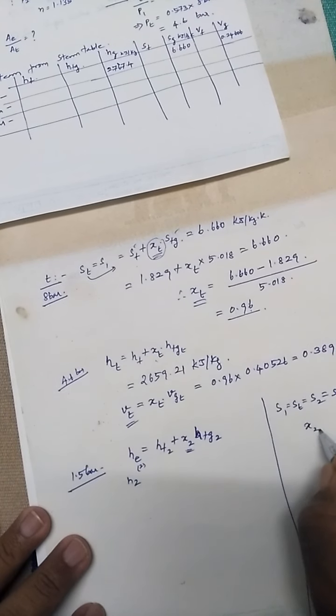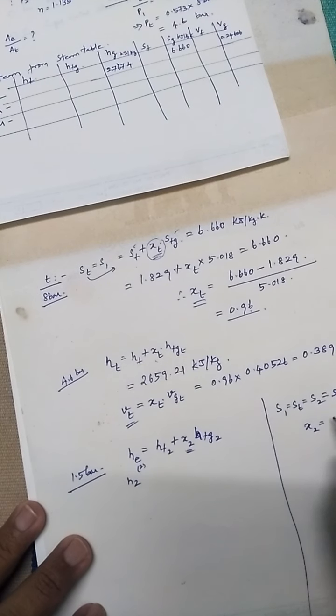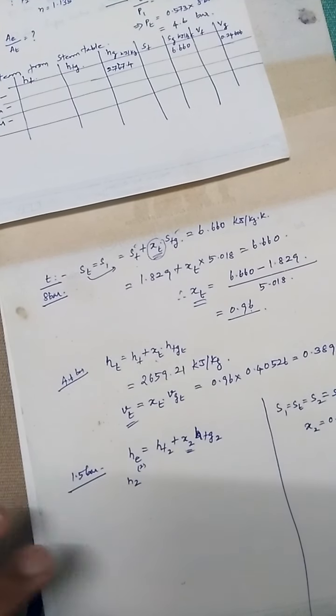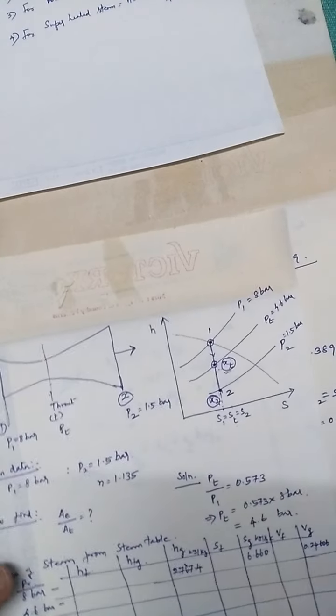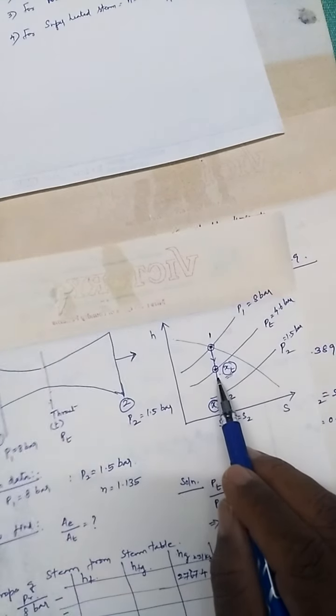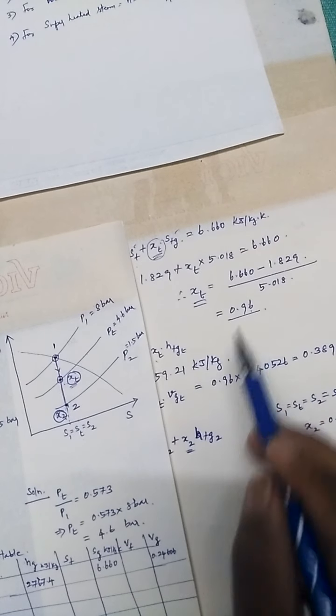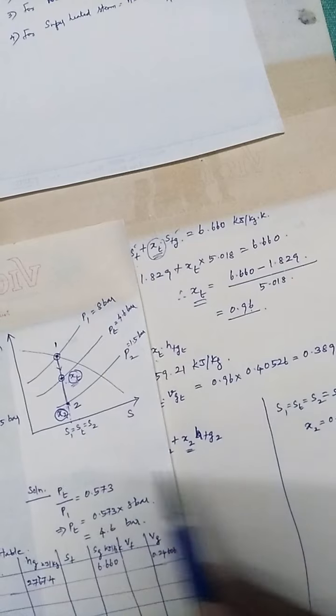You please calculate by yourself. I have already calculated, and x2 is 0.9. If you see, here the dryness fraction was 0.96, and here at x2 it is 0.9.